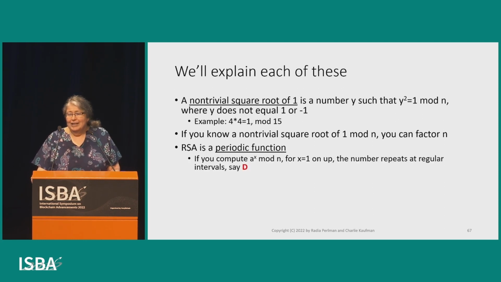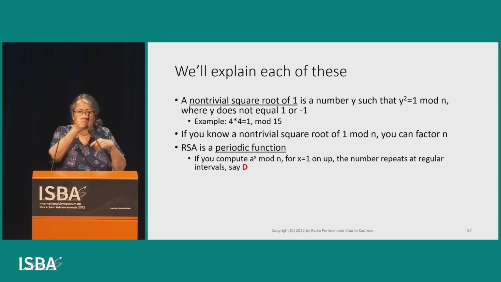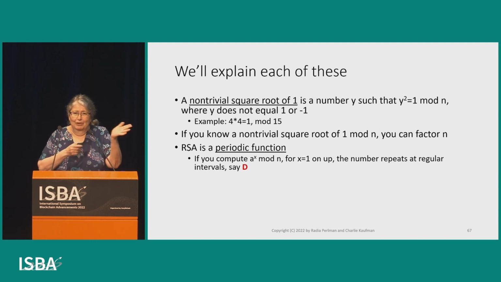And RSA is a periodic function. What I mean by that is if you take some number a, raise it to the power 1 mod n, then raise a to the power 2 mod n, and just keep doing it, eventually it will loop and get to the same numbers again. So it's kind of periodic.